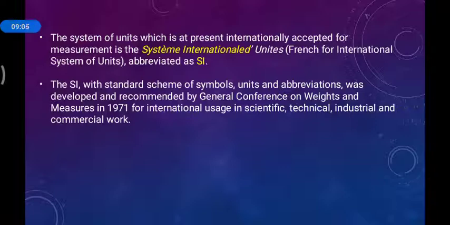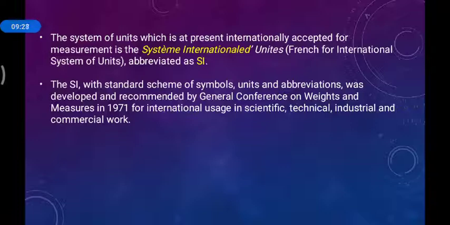International System of Units, you just write SI. You have a meter, you just write m. That is called abbreviation. It was developed and recommended by the General Conference on Weights and Measures in 1971 for international use in scientific, technical, industrial and commercial work.